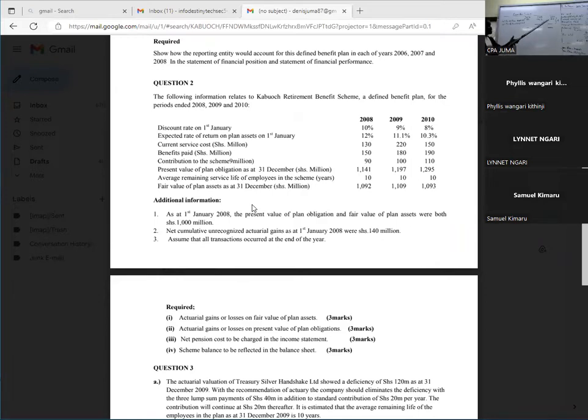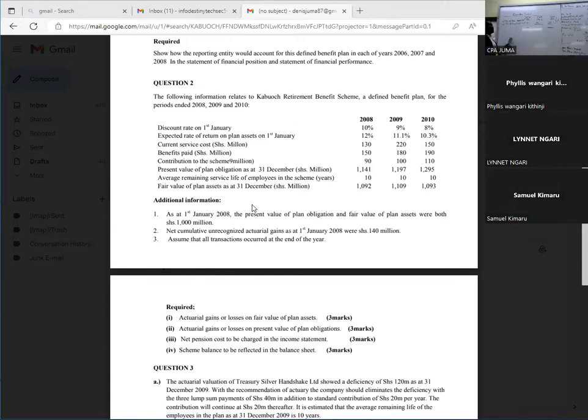Obligations I have them here. 208, 1,000. 1,000 will give you 100. 1141 will give you 114.1. 1197 will give you 119.7.